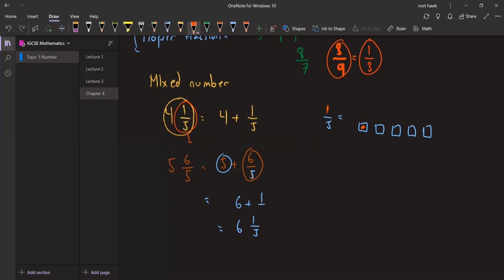In terms of percentage, they consider the whole as 100%. Then this only takes 1 out of the 5 places, so it takes up 20%, because 20 plus 20 plus 20 plus 20 plus 20 equals 100. And this is called decimal form.